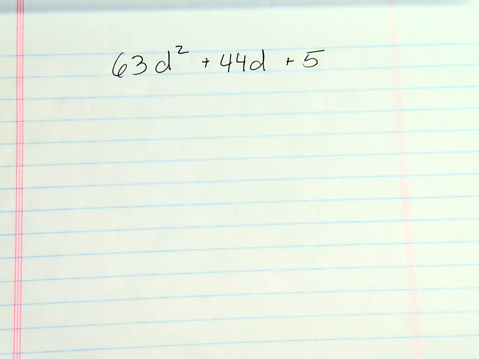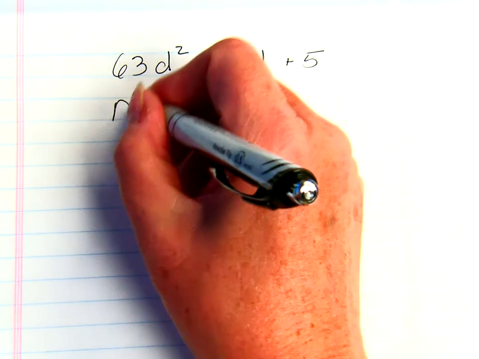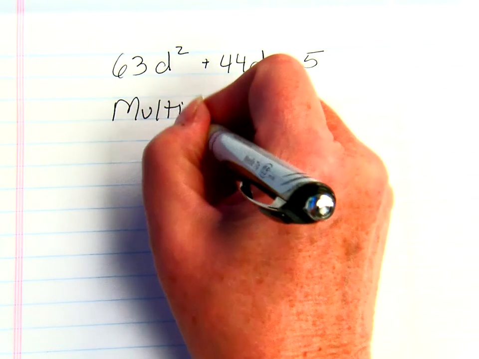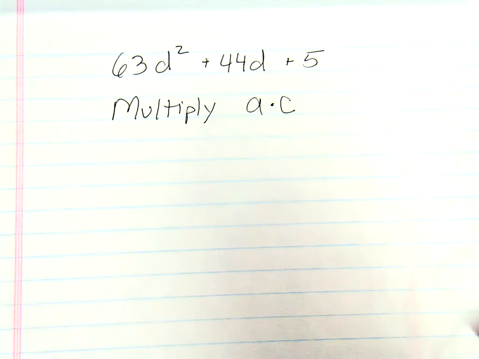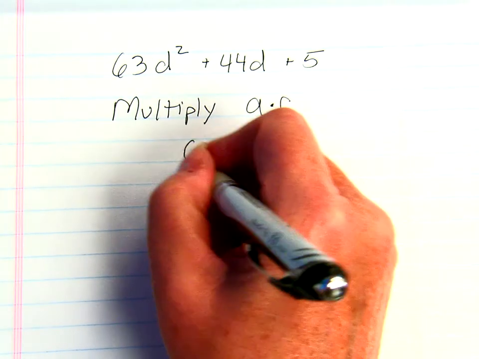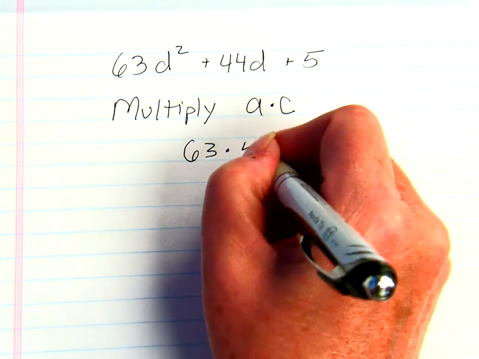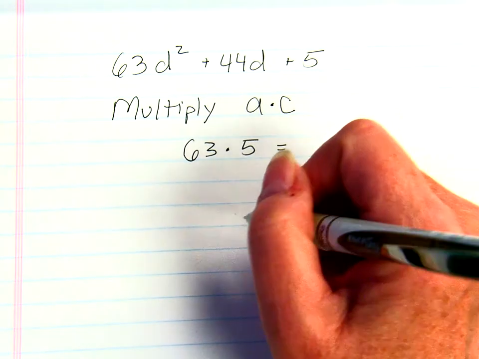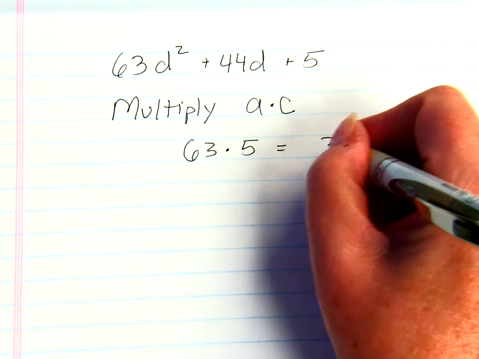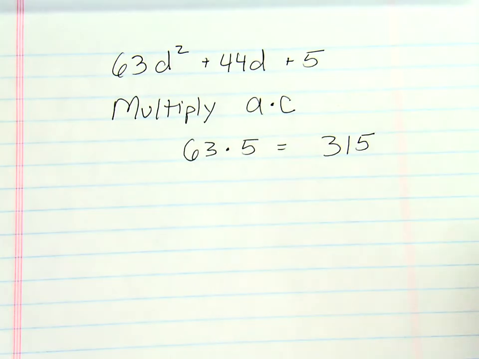What we are going to do first is multiply our A times our C. So that is going to be 63 times 5, which is going to equal 315.